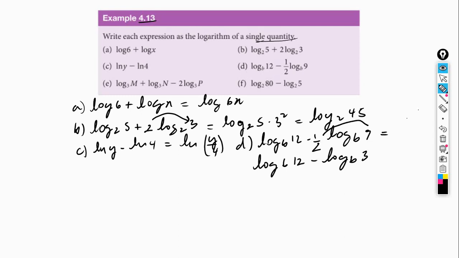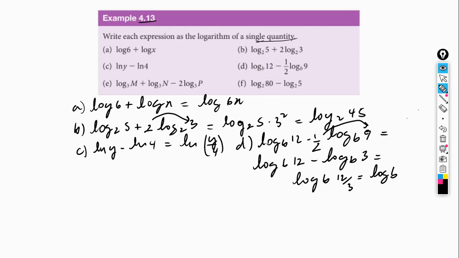We can send the 1/2 as an exponent of 9, and 9 to the 1/2 is the same as the square root of 9. And then finally, this would be log base B of 12 over 3, which is log base B of 4.